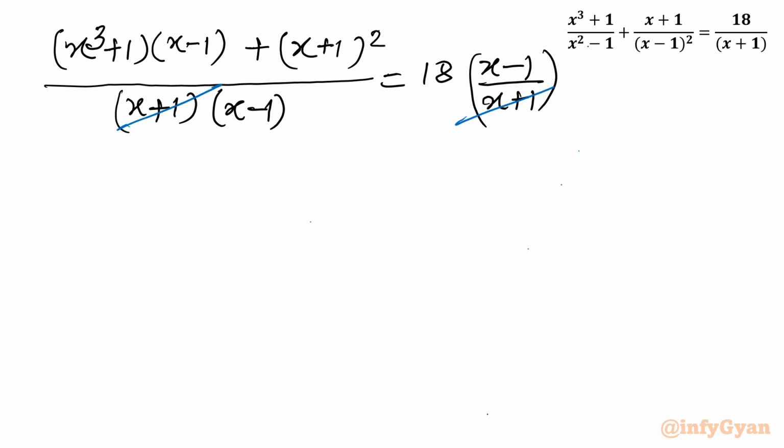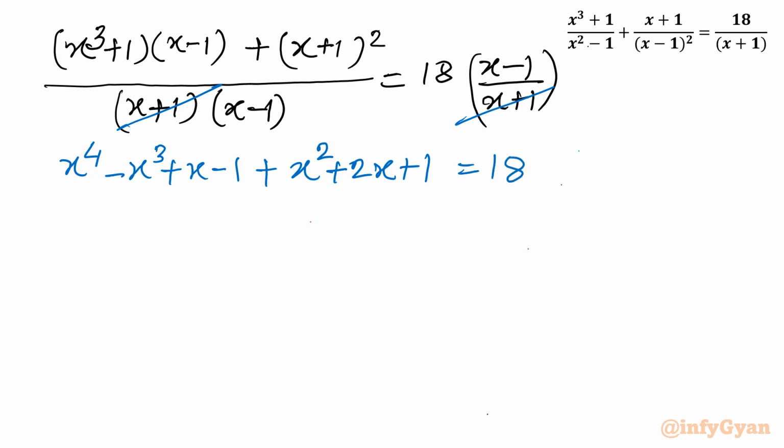Now cross multiply the left terms. So I will write (x^3 + 1), first expand this one: x^4 - x^3 + x - 1, plus the whole square, x^2 + 2x + 1, and then it is equal to 18 times (x - 1) squared, so x^2 - 2x + 1.